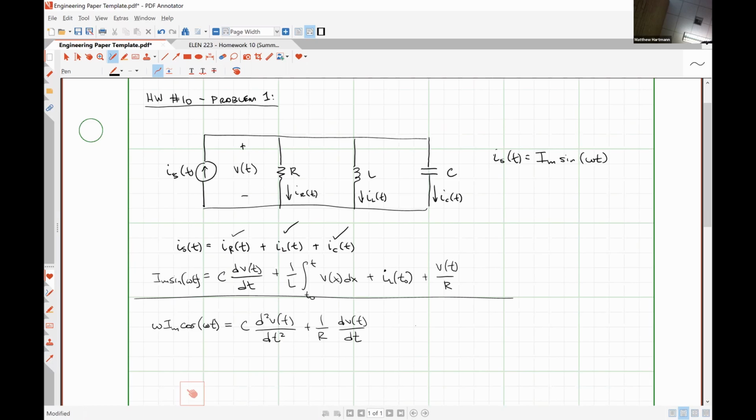But what happens when I take the derivative of an integral? Should just cancel out. So I'm just going to be left with 1 over L v(t). And so that's my answer for part B. Nothing wild or crazy here.